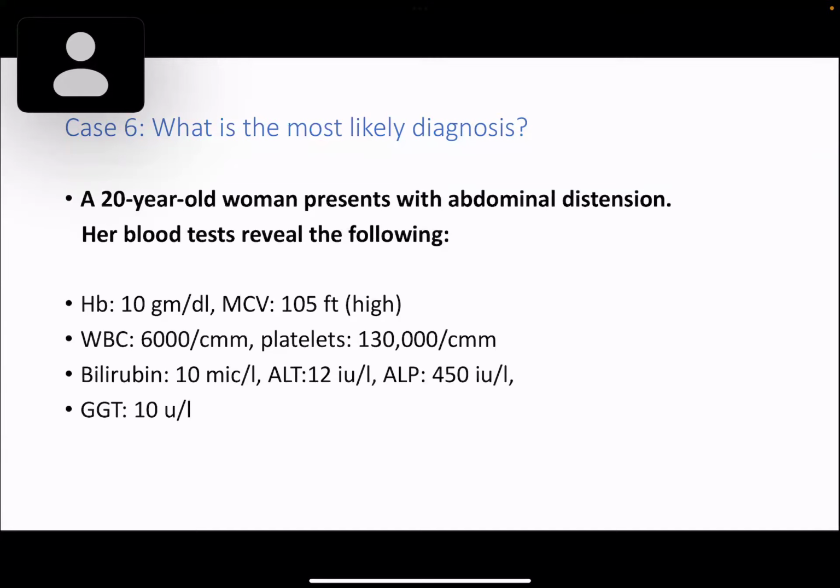So this lady is having pregnancy, because pregnancy can lead to macrocytic anemia and also can lead to low albumin. The low albumin in pregnancy is dilutional because of high blood volume. The same thing applies for thrombocytopenia. Pregnant ladies can have dilutional thrombocytopenia.